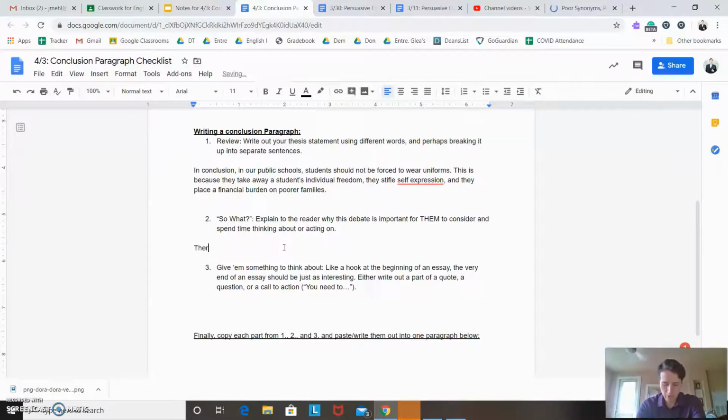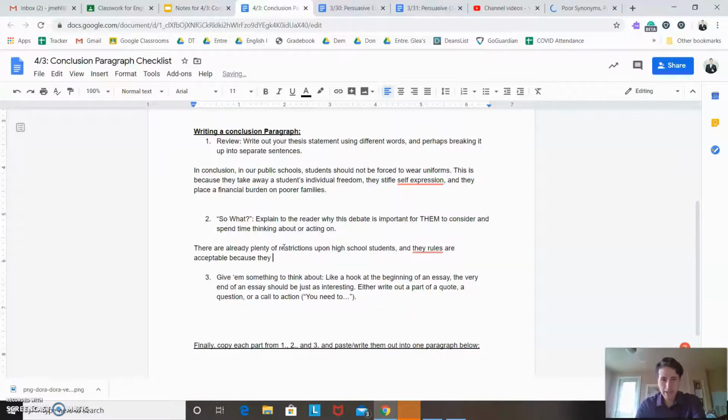So there are already plenty of restrictions upon high school students, and these rules are acceptable because they help maintain order on a daily basis.